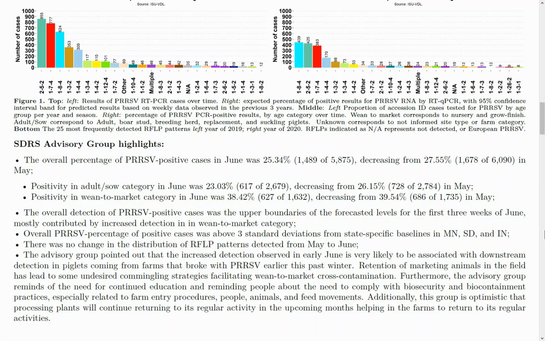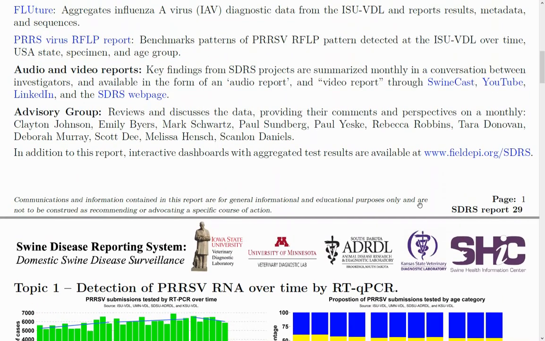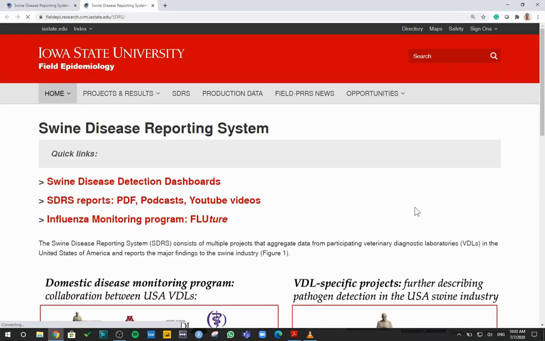Yeah, sure. So we start to monitor virus detection at a state level. The way that we work, we use historical data that was developed for state-specific baselines for the percentage of positive cases. We do not compare across states. The baseline is state-specific.